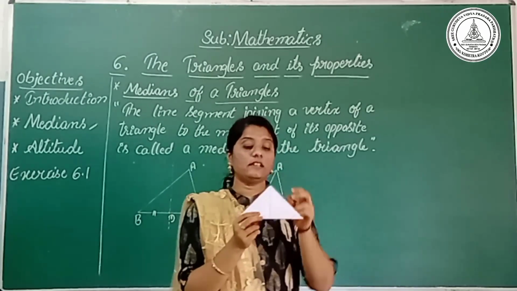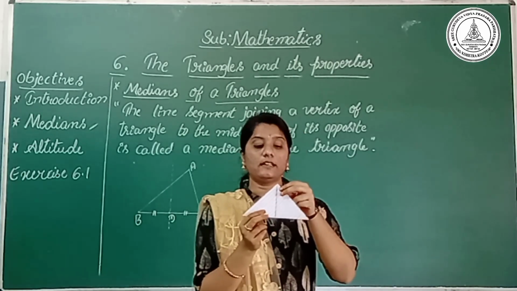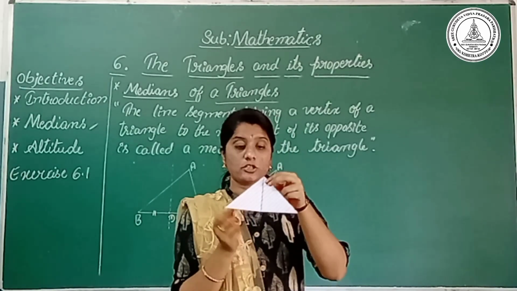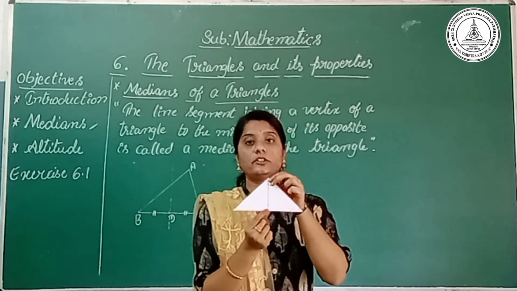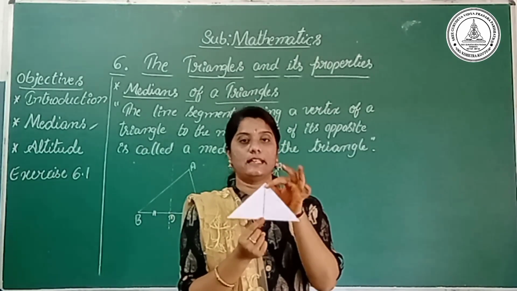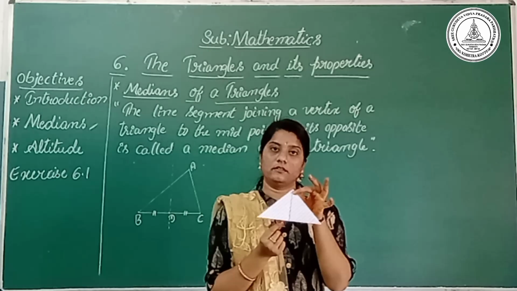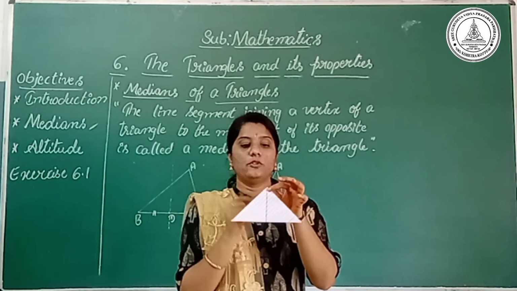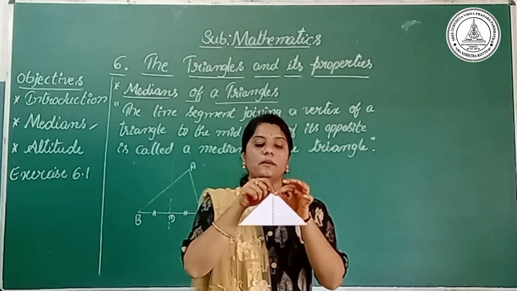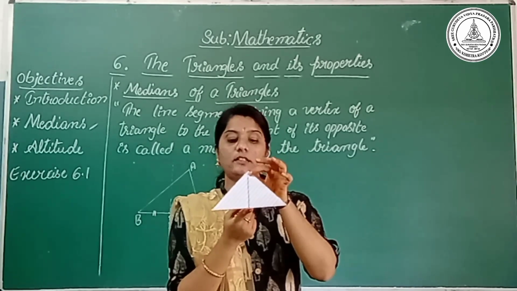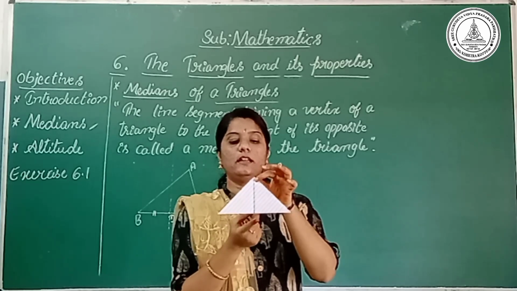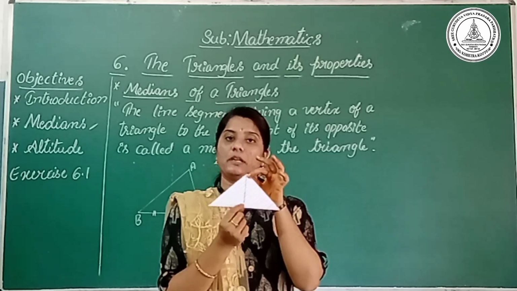But in a triangle, a line segment which joins the vertex and the midpoint of the opposite side is said to be a median. So once again, a line which joins a vertex point and the midpoint of the opposite side of a triangle is said to be a median.